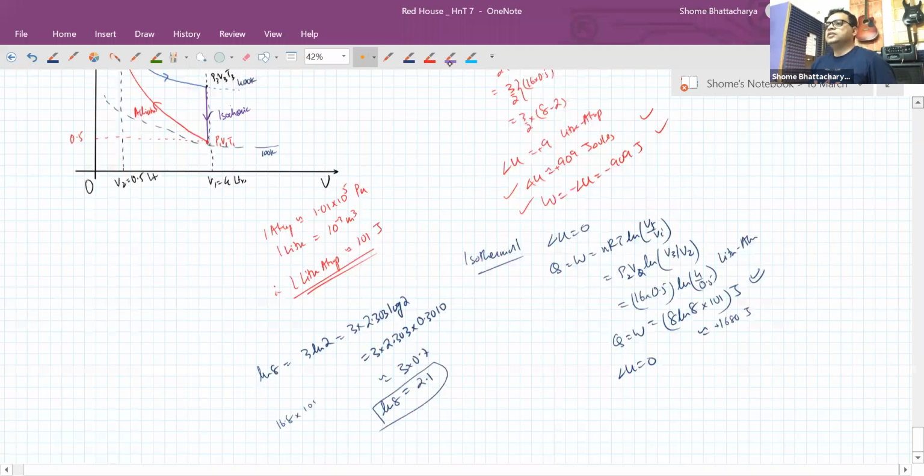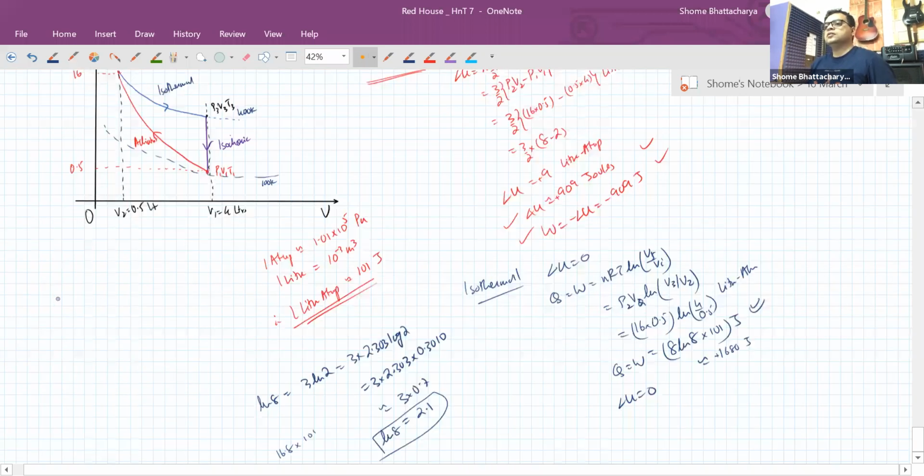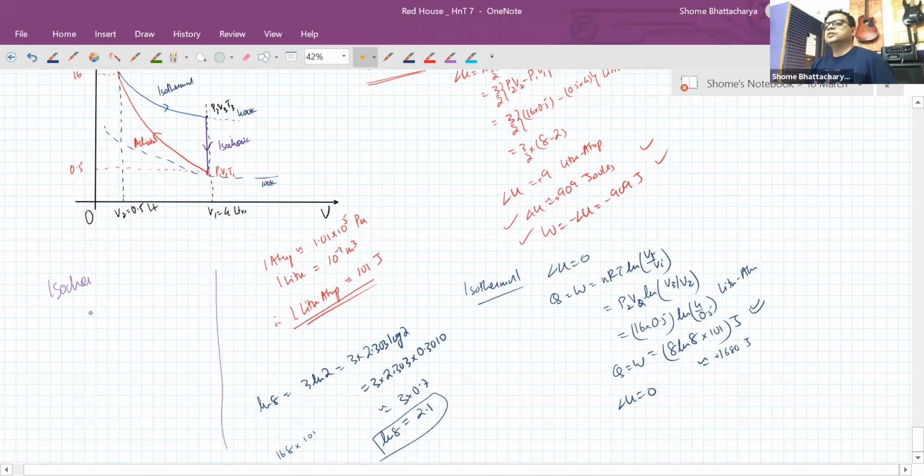Okay. And the final isochoric process is very easy. In that W is 0. So Q is equal to delta U is equal to 3 by 2 into V delta P. So Q and delta U will be negative quantities. And remember this pressure had come out to be 2 atmospheres.